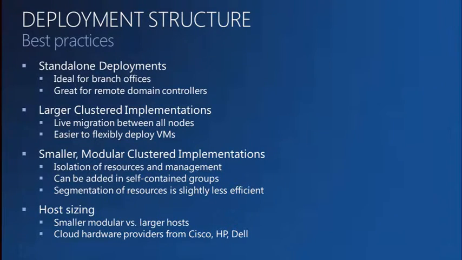So what we find is that we're able to deploy single standalone Hyper-V hosts out to branch offices, or clustered Hyper-V hosts with SAS storage out to branch offices that serve the domain controller functions, that serve the file server functions, SCCM, and all other distribution occurring at that branch.